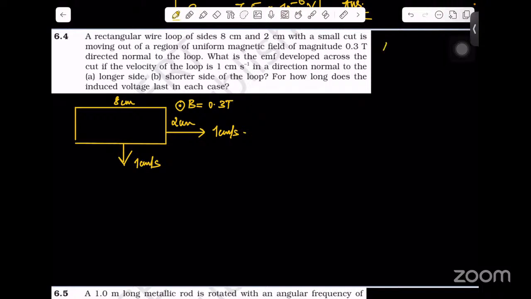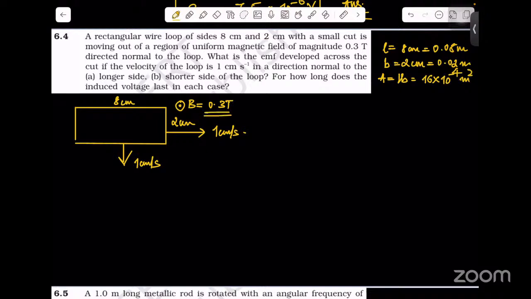So the length is 8 centimeters, which is 0.08 meters. The breadth is 2 centimeters, which is 0.02 meters. And the area is L times B, which is 16 into 10 raised power minus 4 meters squared. The magnetic field strength is 0.3 Teslas.